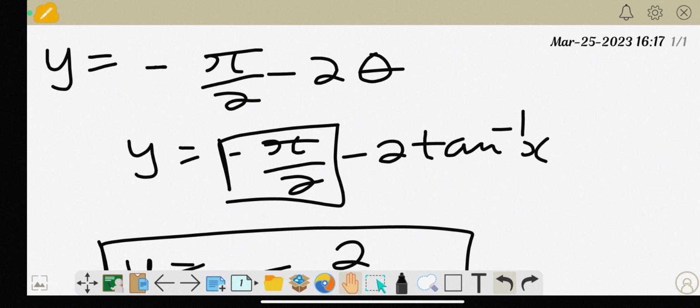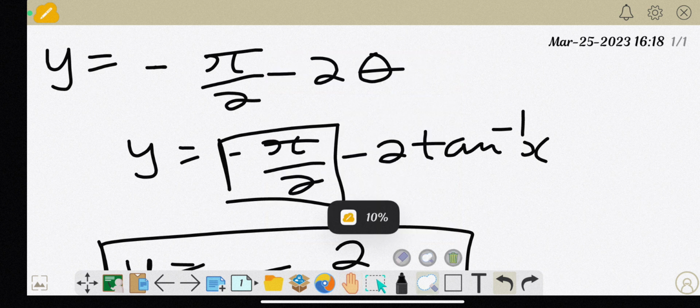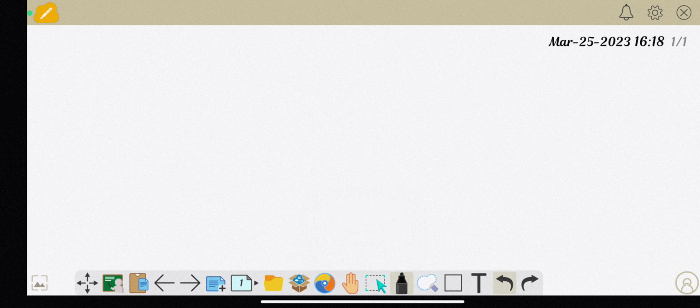So let's move to the next question. Question number 13, can you solve it? Yes, sir. So what will be the suitable substitution over there?